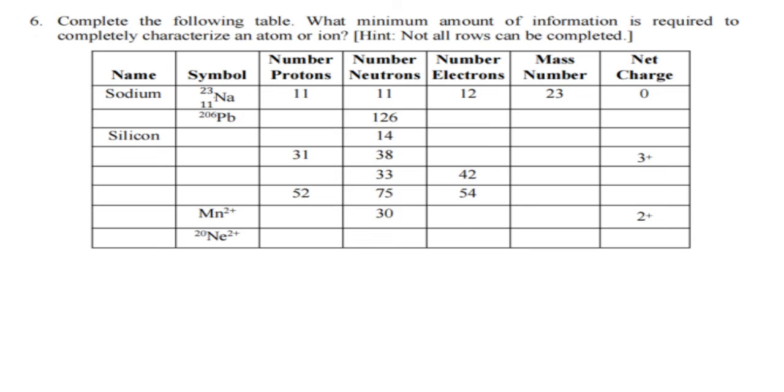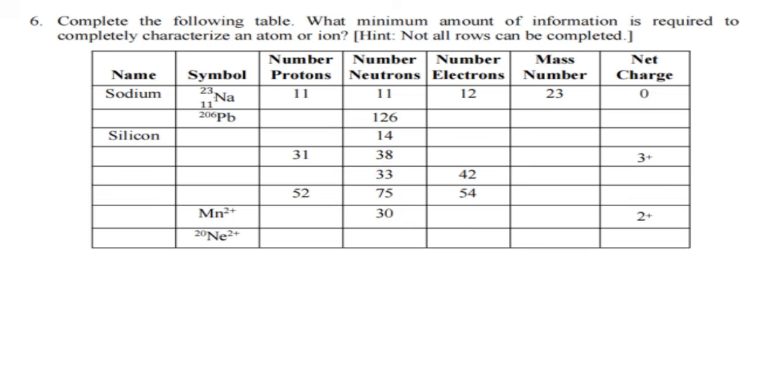Let's analyze the first one. So sodium, they've told us it has a mass number of 23 there. Then what we see down as 11, that is the atomic number, so the proton number is 11.